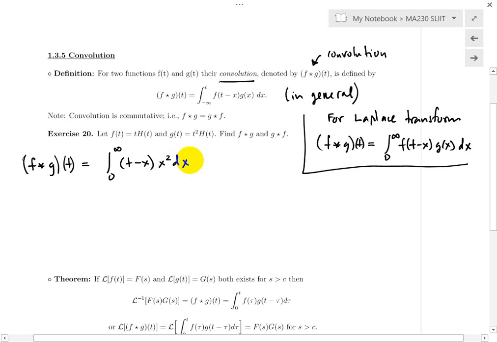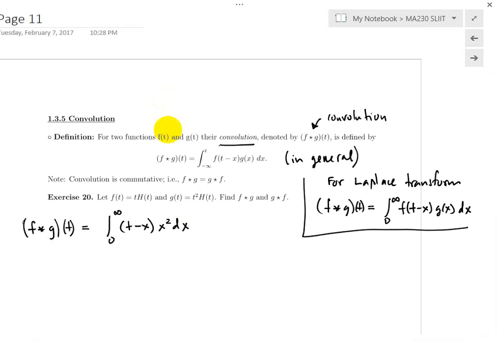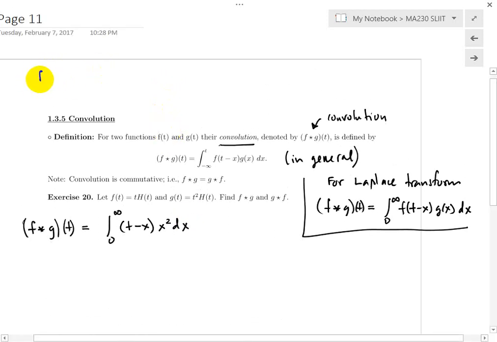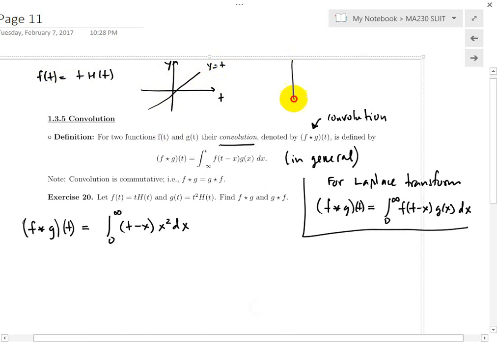So when you have f of t as t h(t), but in general, this is what you have, right? So if you have the t axis here, y axis here, say this is y equals t. But when you say y equals t h(t), this will become like this.